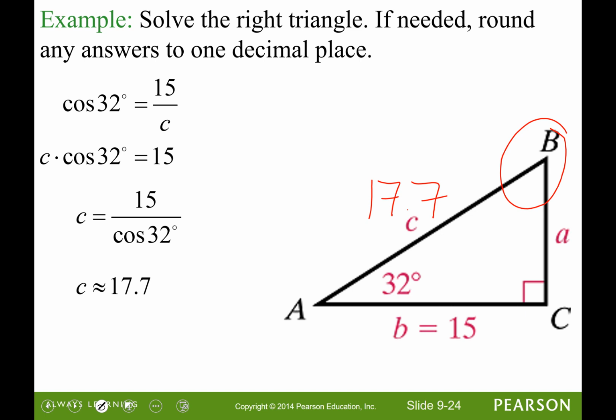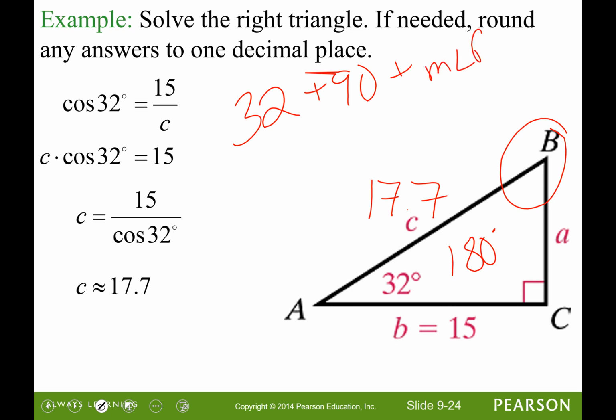And I'm not going to use trigonometry to do that. I'll use the triangle angle sum theorem that says that all the interior angles of a triangle sum to 180 degrees. So that would give me 32 degrees plus 90 more plus my measure of angle B has to equal 180 degrees.